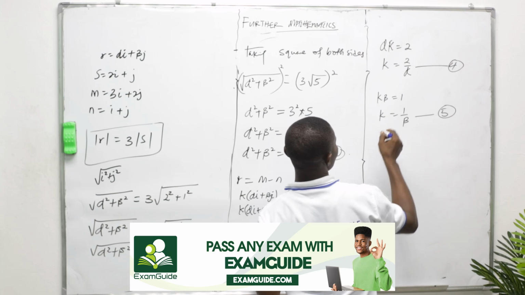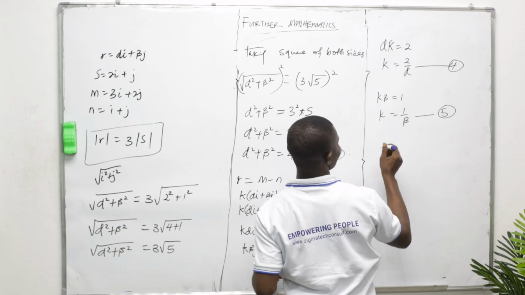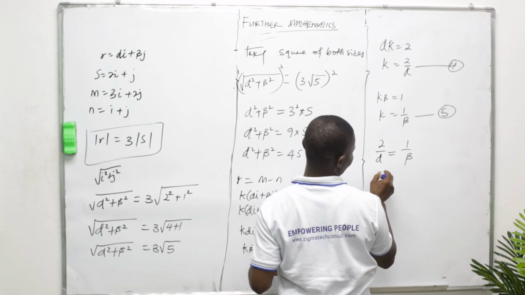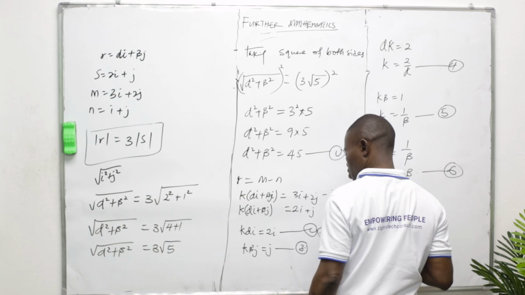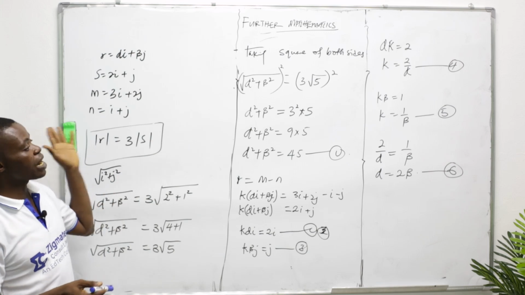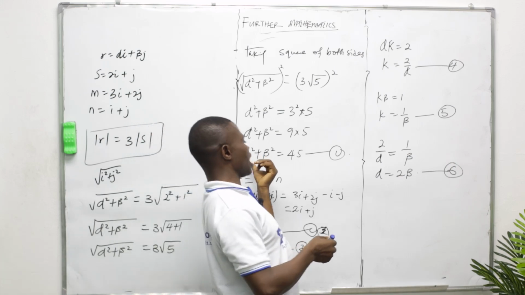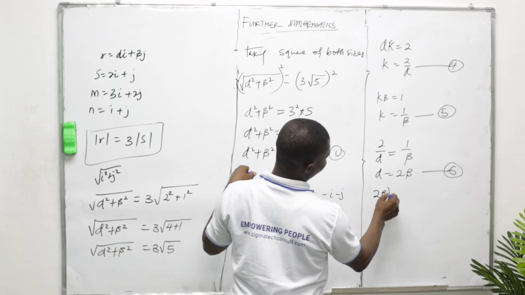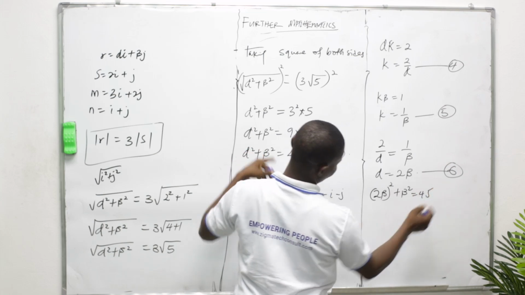From equation 4, I have K equals this; from equation 5, I have K equals this. They are both K, meaning 2 all over alpha equals 1 all over beta. If I cross multiply, alpha equals 2 beta. You call it equation 6. Recall that alpha and beta existed in equation 1. So alpha equals 2 beta, meaning (2 beta) all squared plus beta squared equals 45.